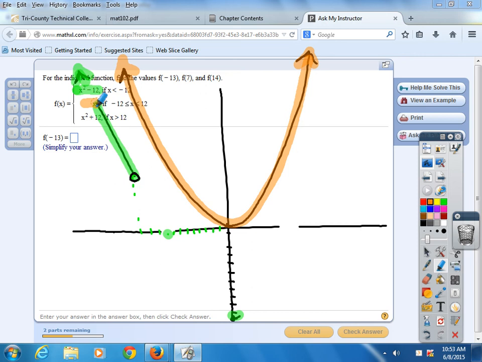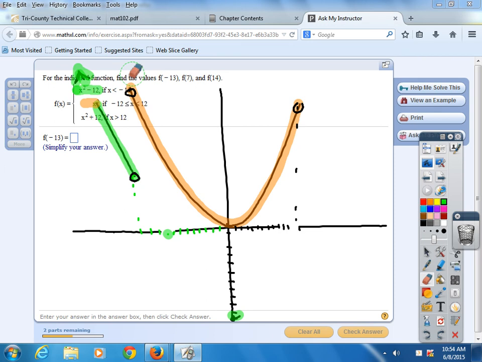What do you get when you plug in 0 for x squared? 0. 0 squared is 0, so that's why it starts there. And they're only interested in negative 12 to positive 12, so you cut off at negative 12 right there and positive 12, 1, 2, 3, 4, 5, 6, 7, 8, 9, 10, 11, 12, and the rest of it is going to be cut off.